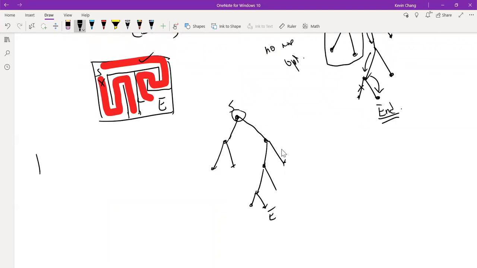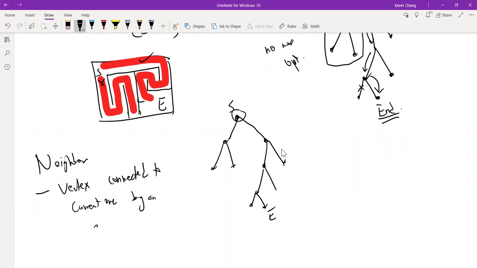In graph theory, a neighbor is any vertex connected to the current one by an edge. In this case, the two neighbors of the starting point would be just this vertex and this vertex.